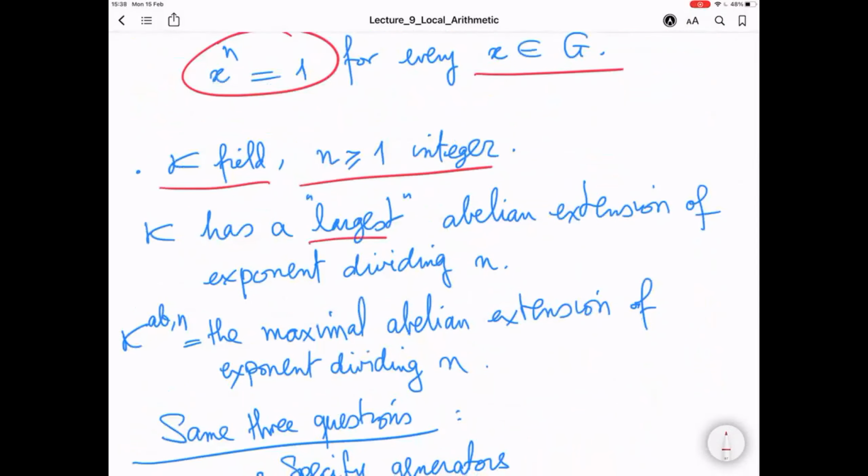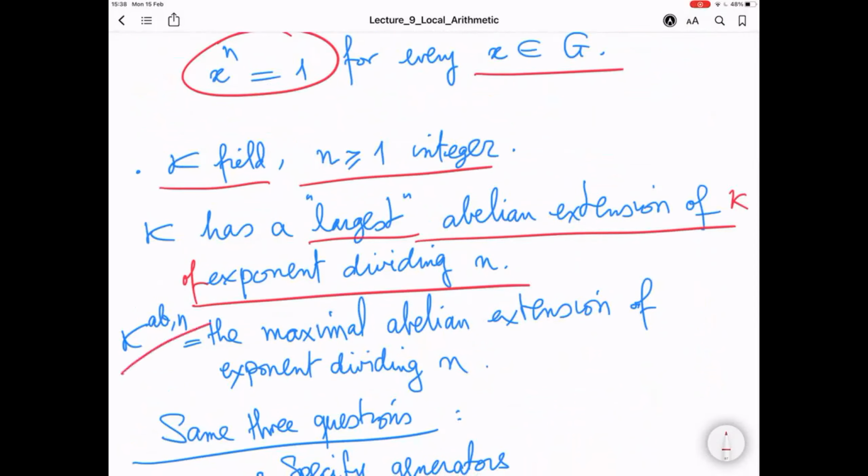And then there's this largest abelian extension of K of exponent dividing n. Of course, K^ab, this is the notation, and K^ab is in some sense the union of all these K^ab_n.